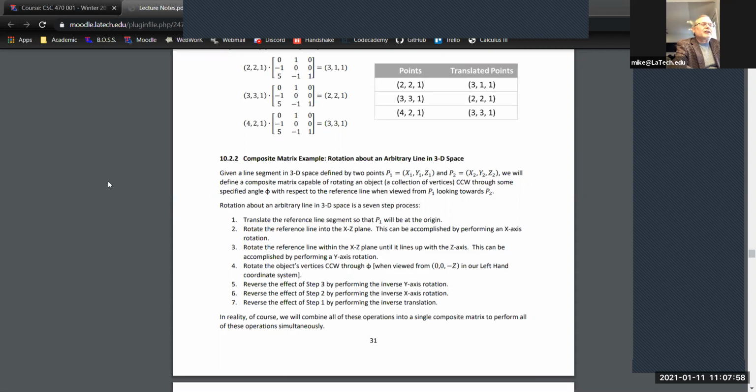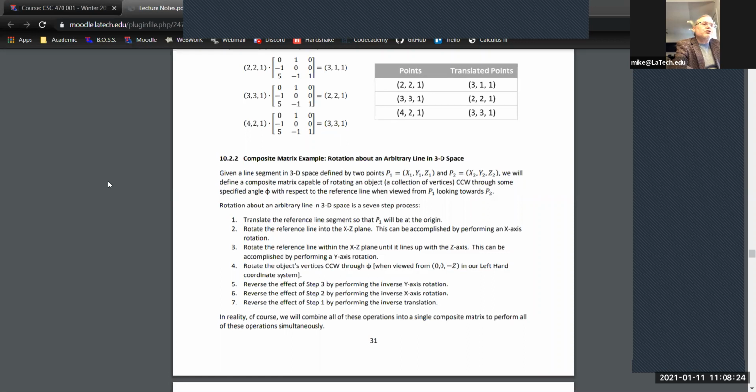Then we're going to take that reference line that's now in the XZ plane and rotate it so that it lines up with the z-axis. And then we can do a z-axis rotation that we've already defined, a counterclockwise z-axis rotation of whatever points we want. And then we undo the steps that we've done so far. We will reverse the effect of step 3.